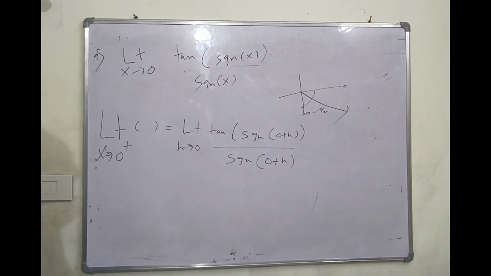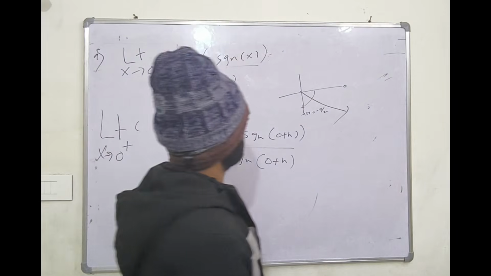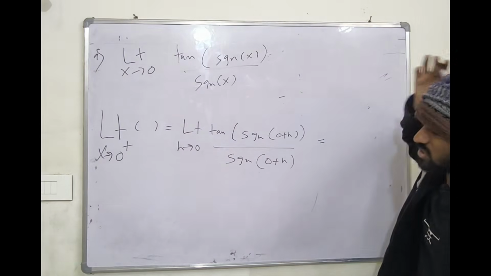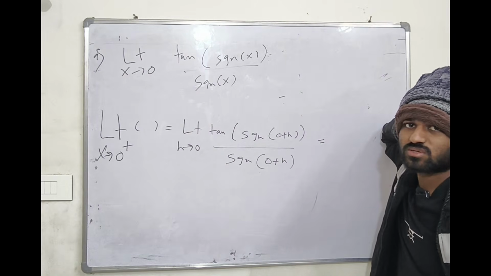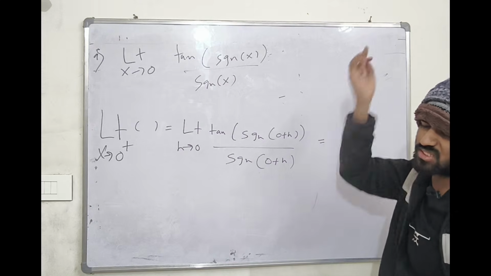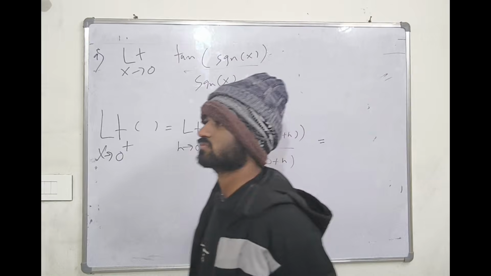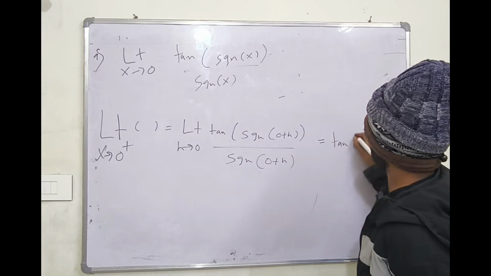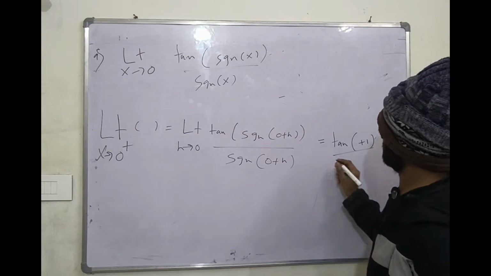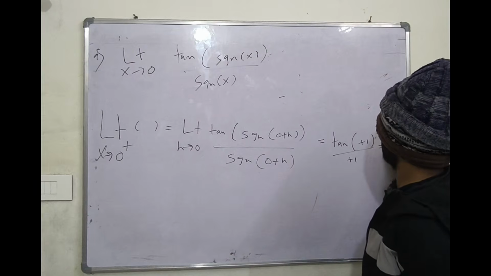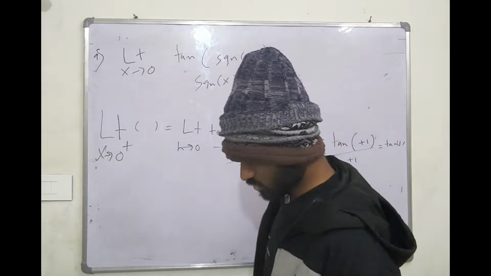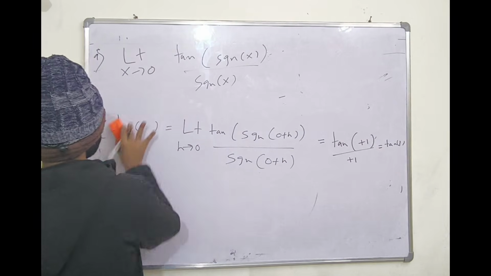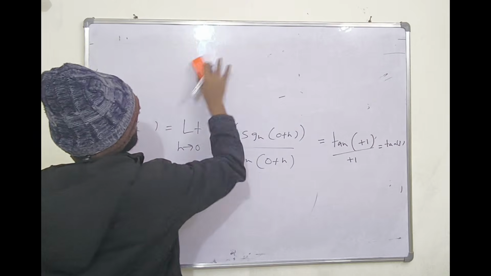Again, 0 plus h must be positive, and I said signum value for all positive is +1. So this is tan 1 divided by 1, which is again tan 1. So we got left hand limit is tan 1 and right hand limit is tan 1. So our limit exists.